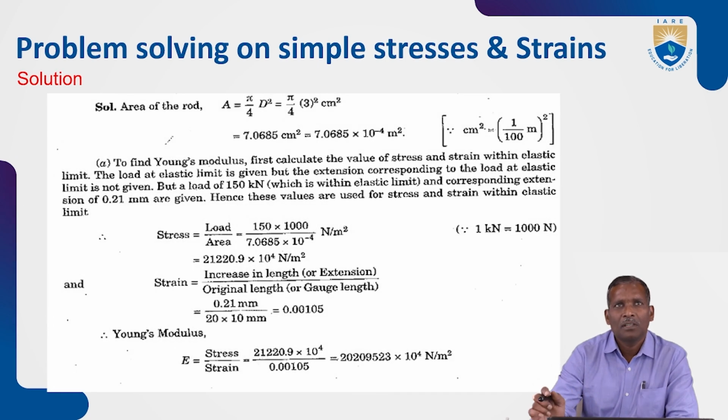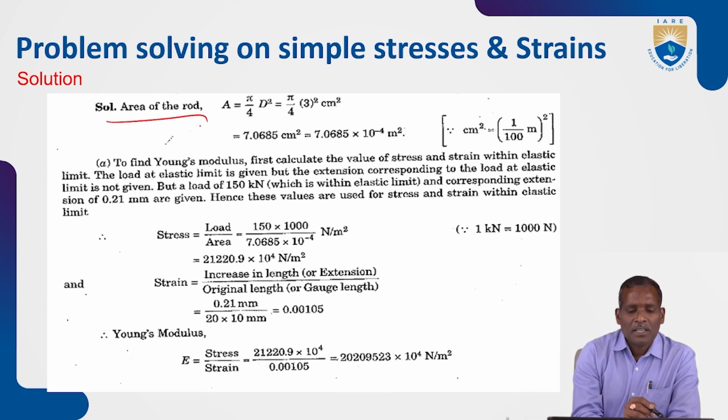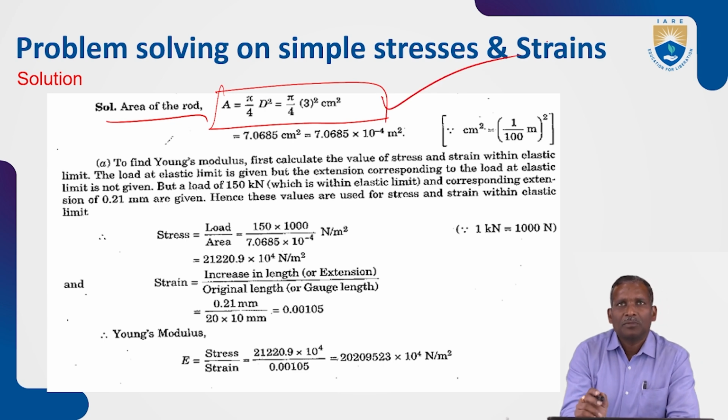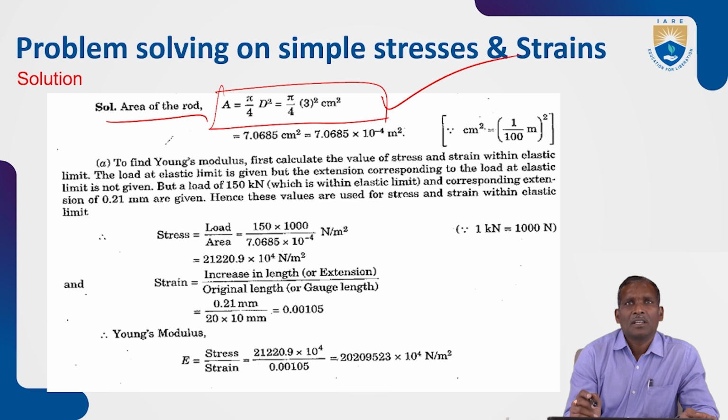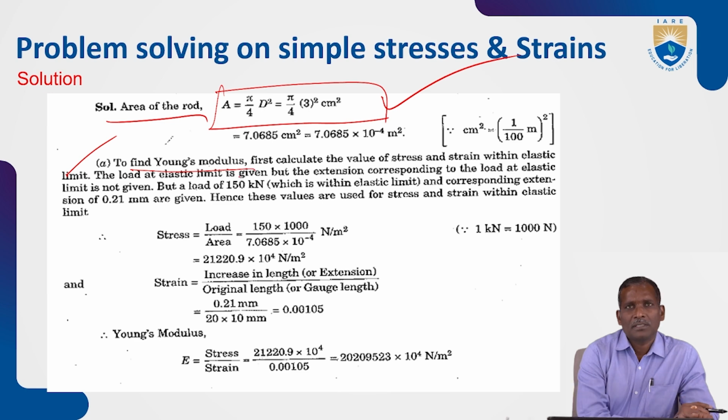So here is shown the area of the rod. The area of the rod is pi/4 into d square, already you know. Calculate, d is already given, and later you can convert into meter square. To find the Young's modulus, first calculate the value of stress and strain within the elastic limit.